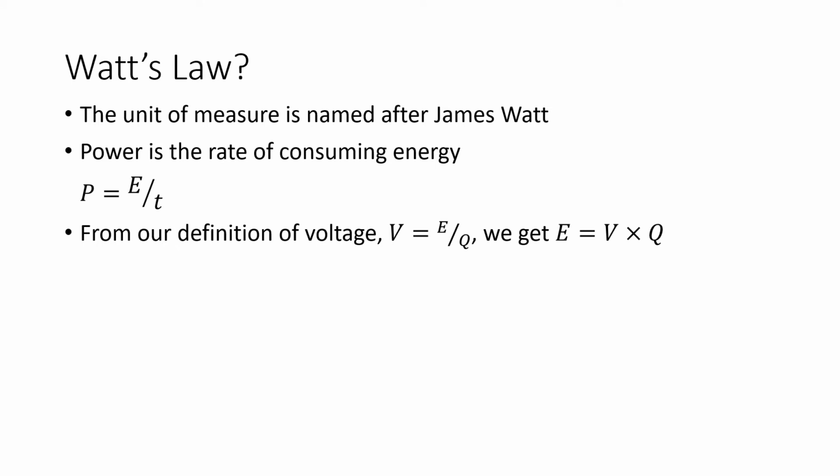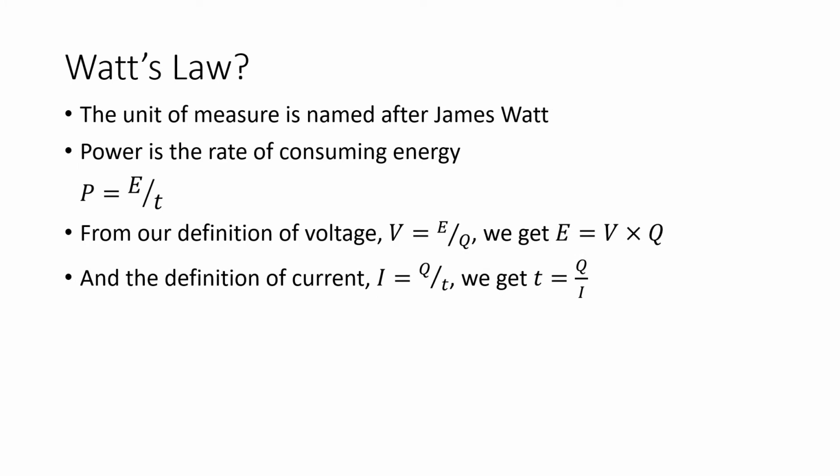From our definition of voltage, V equals E over Q, we get E equals V times Q. And from the definition of current, I equals Q over T, we can express this as T equals Q over I. And if we substitute these in our fundamental equation for power, we end up with power equals V times I.